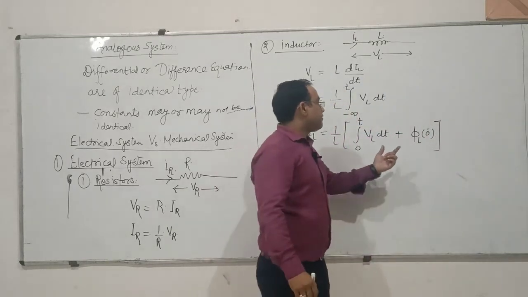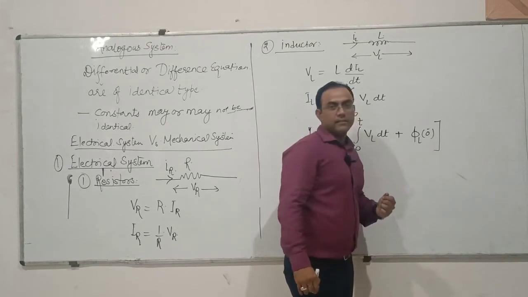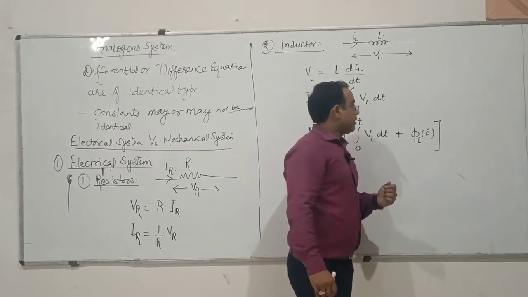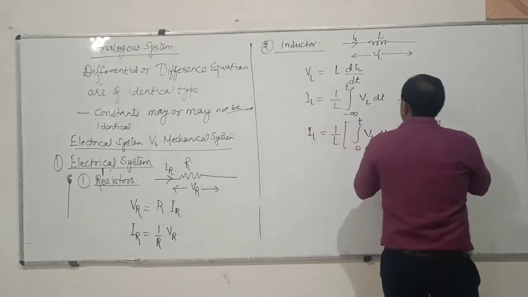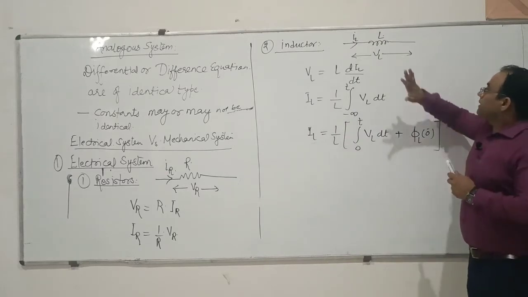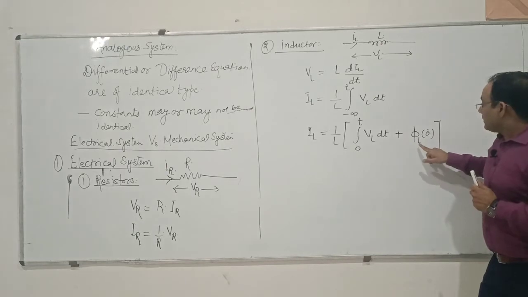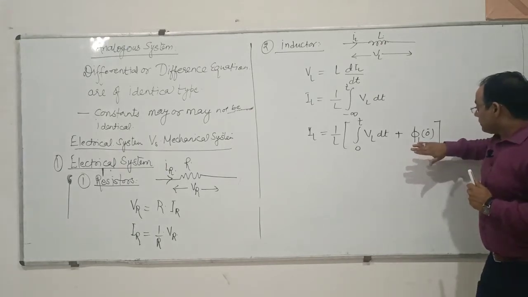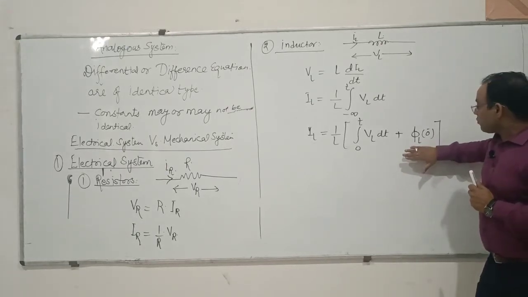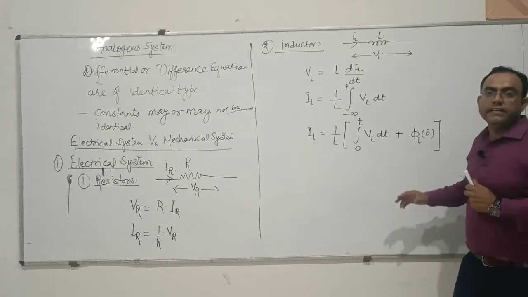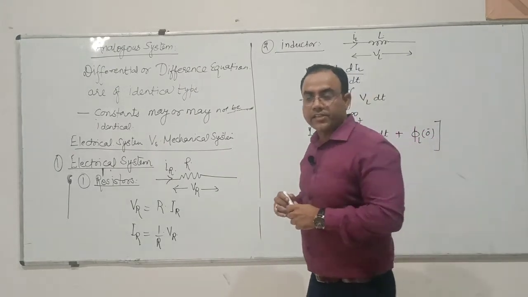Here we consider phi L0 minus because the energy stored in the inductor is in the form of current, and this phi indicates the electromagnetic flux which was stored in the previous session.